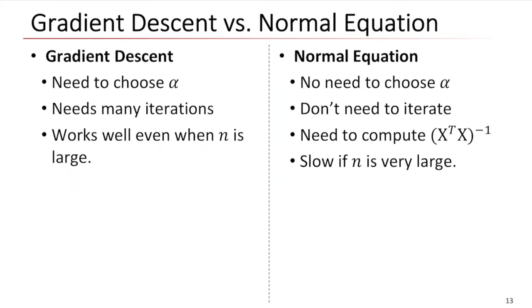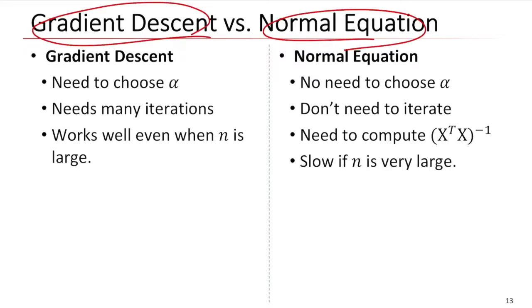Then, let's compare gradient descent with the normal equation. Gradient descent uses an iterative solution, so it updates the values with the learning rate alpha.